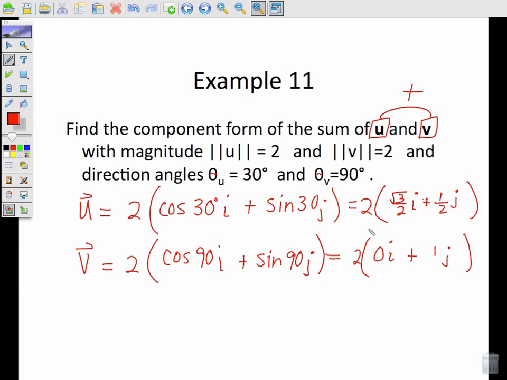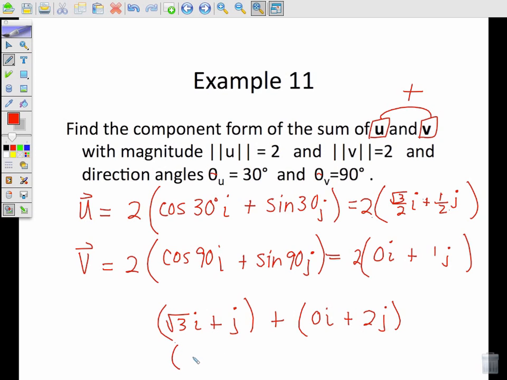All right, what I'm going to do is go ahead and distribute here. You've got 2 times root 3 over 2, so this is my u. So you've got root 3 i plus j, this is u, plus 0i plus 2j, and that's v.